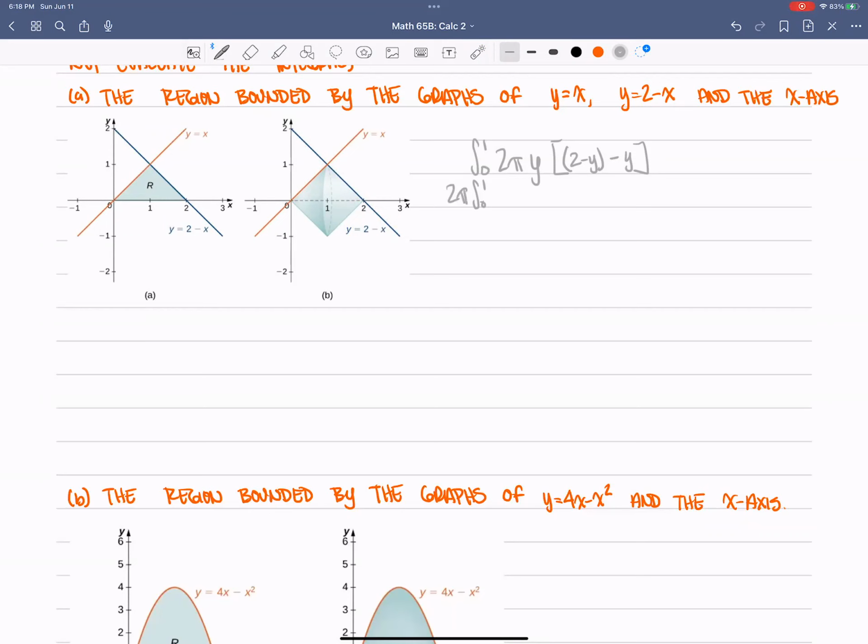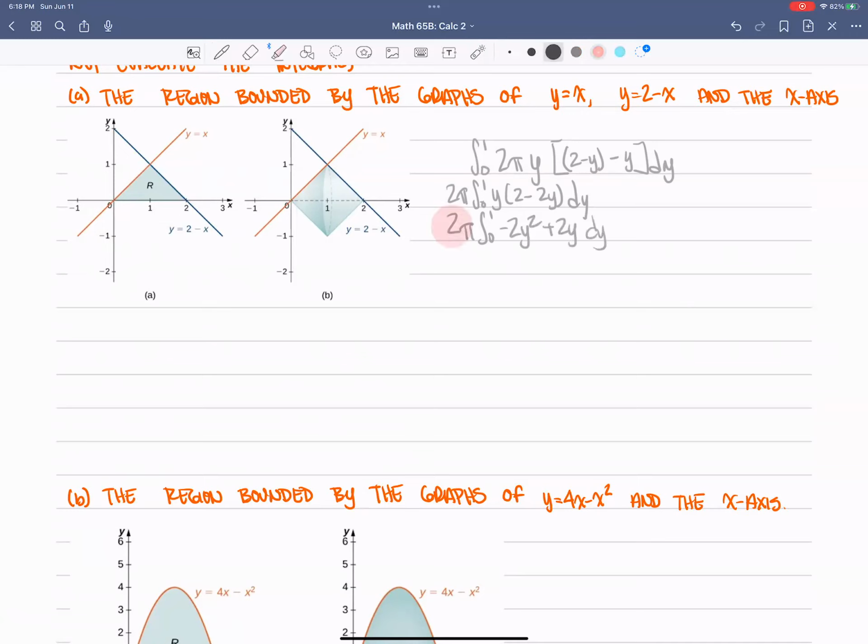We have y times 2 minus 2y dy, or 2 pi integral from 0 to 1 of negative 2y squared plus 2y dy.